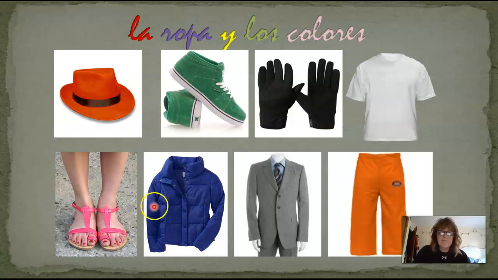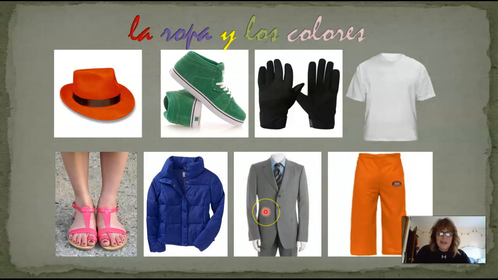¿Qué es? ¿Qué ropa es? Es un abrigo. Llevo un abrigo en el invierno cuando hace mucho frío. ¿De qué color es el abrigo? El abrigo es azul. Ok, ¿qué ropa es aquí?